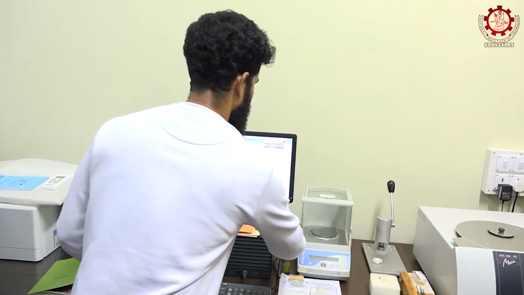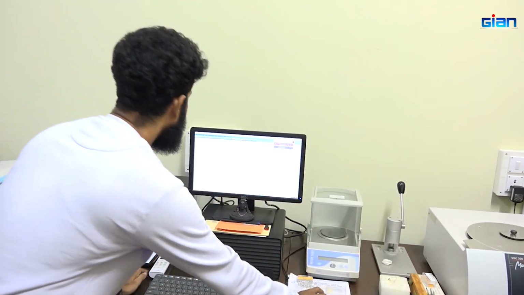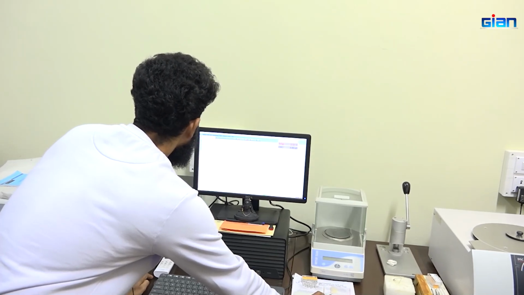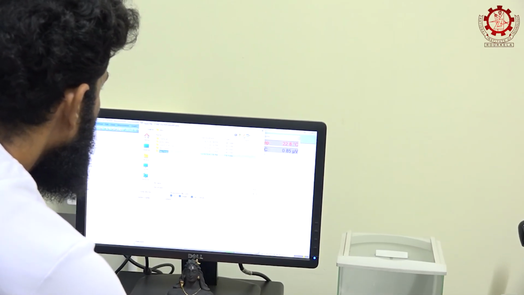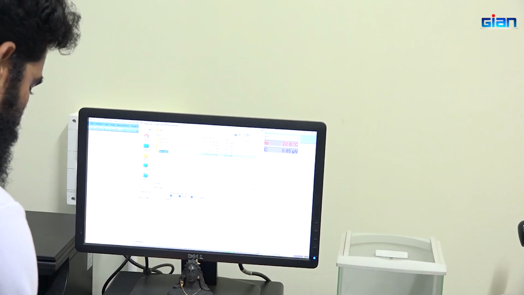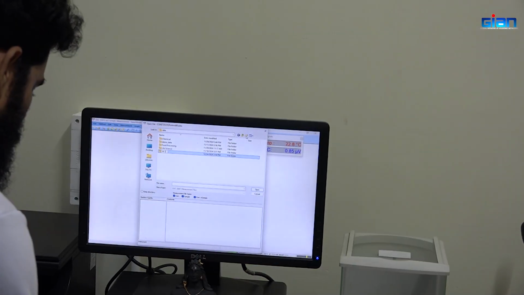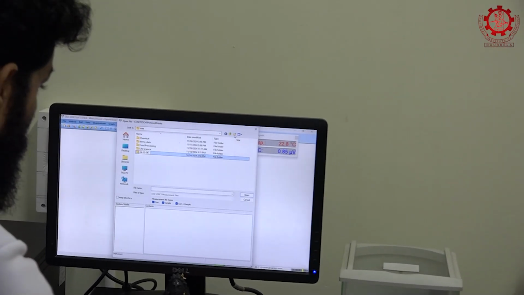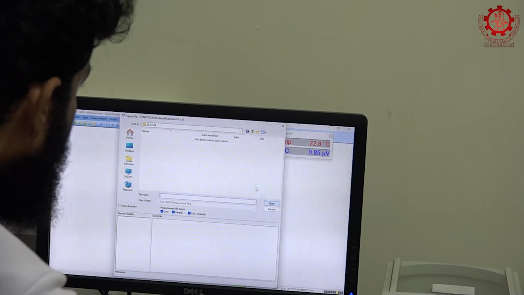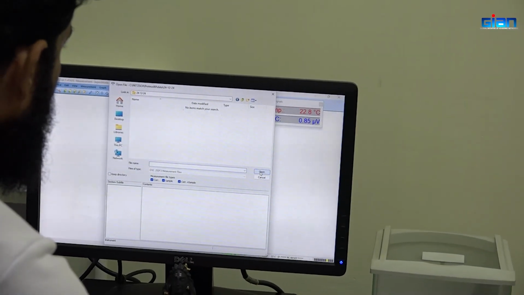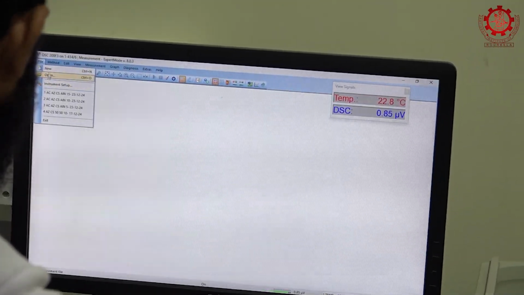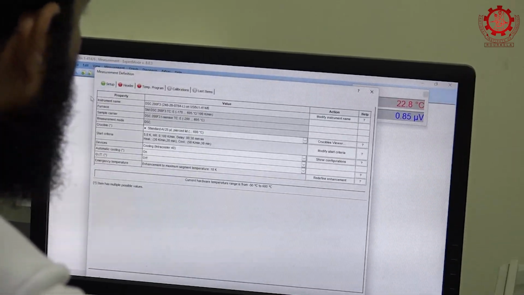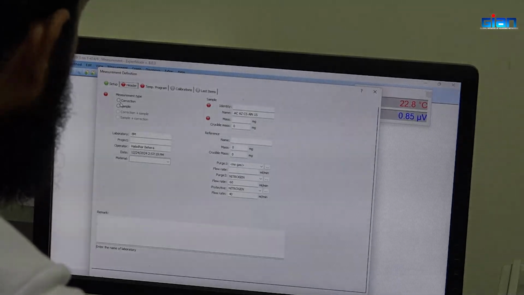And now come to the software part. Here you see, the measurement type is sample.